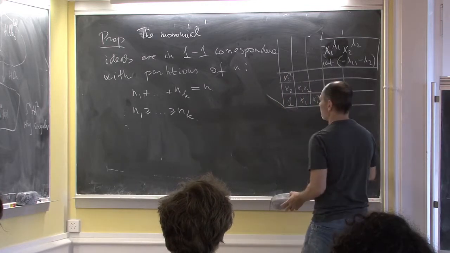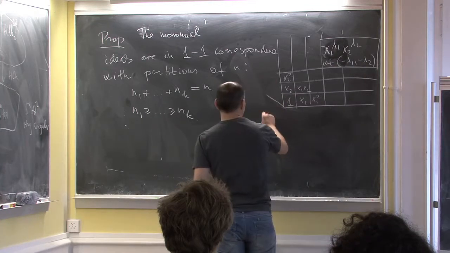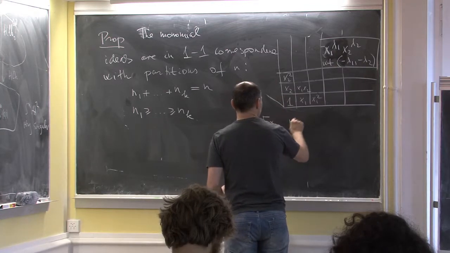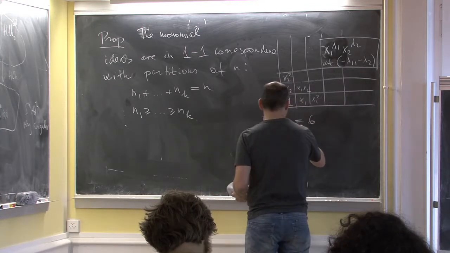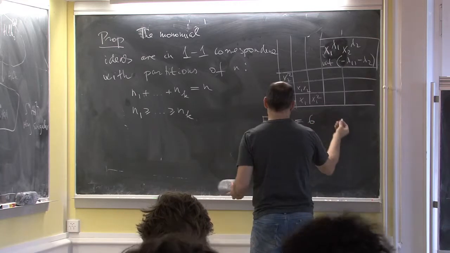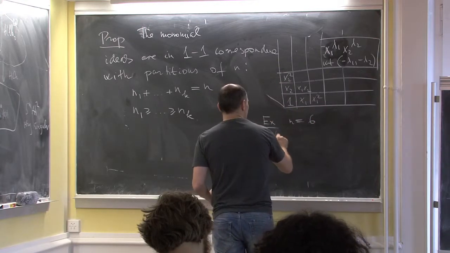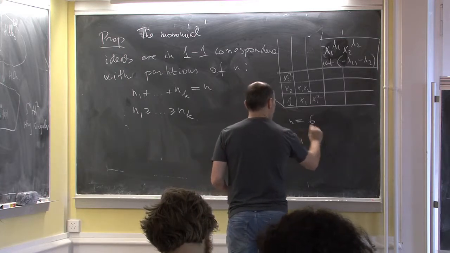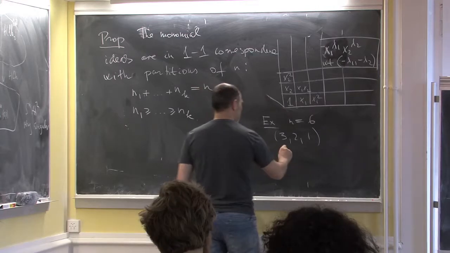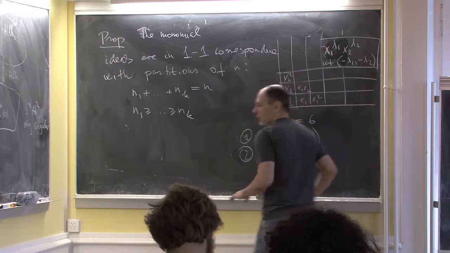So for example, I'll do a proof by example as I usually do. Say n equals 6, and I'll do two examples. So the partition, case 1, say 3, 2, 1, and case 2 is say 2, 2, 2.